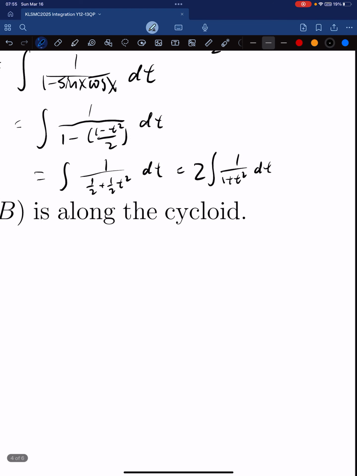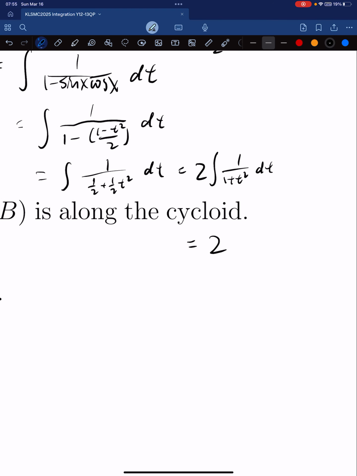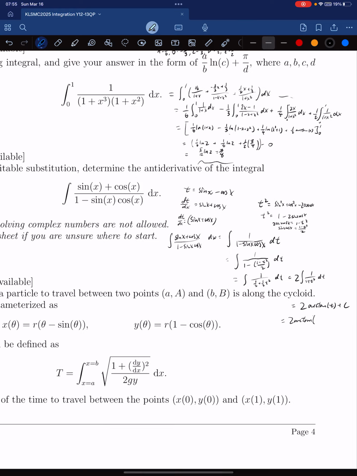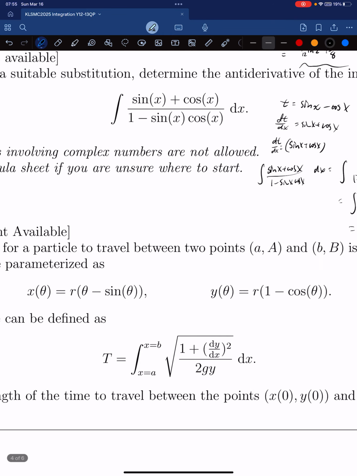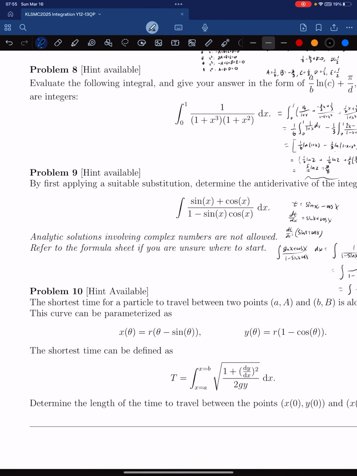And you know that this is essentially 2 arctan t plus c. And if we replace t back, it equals 2 times arctan of sine x minus cos x. So this will be our final form for our answer.